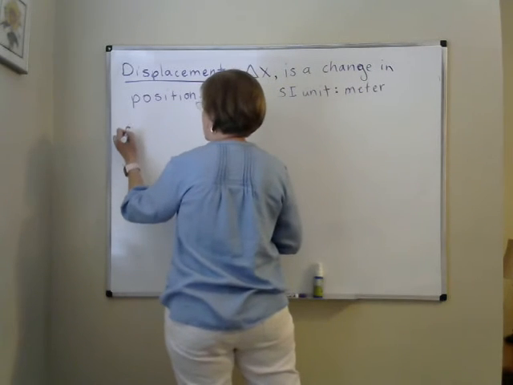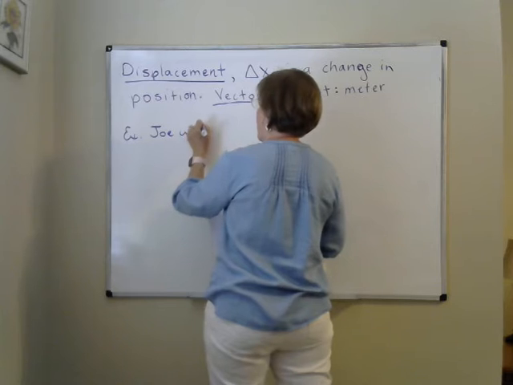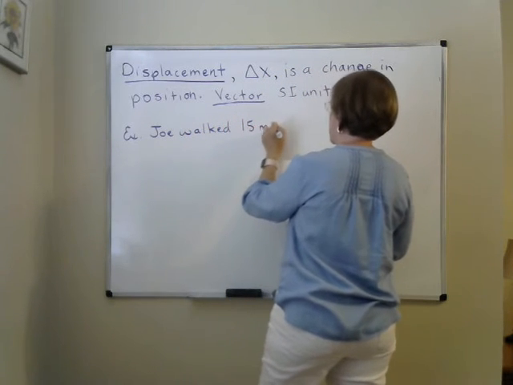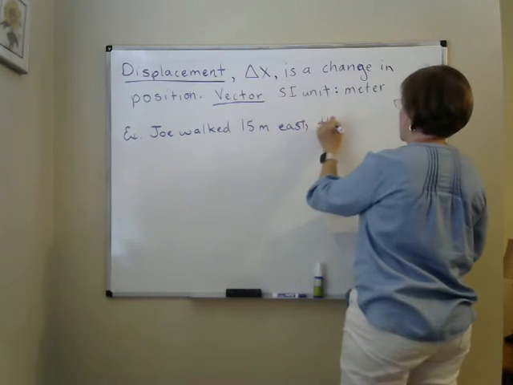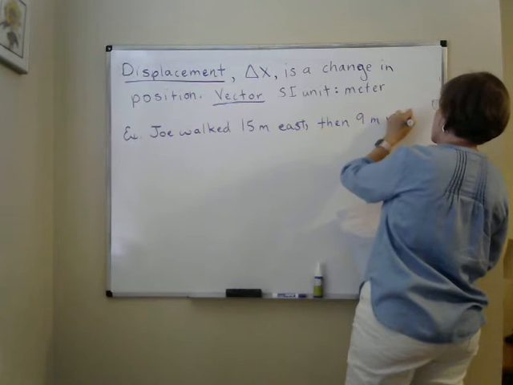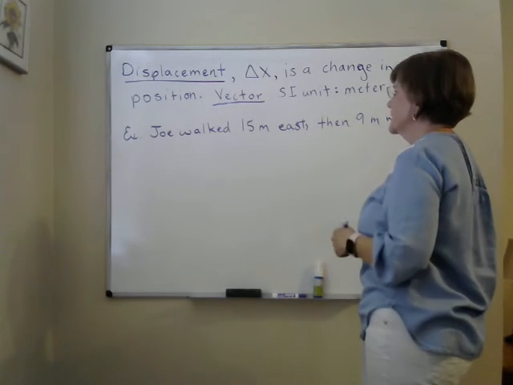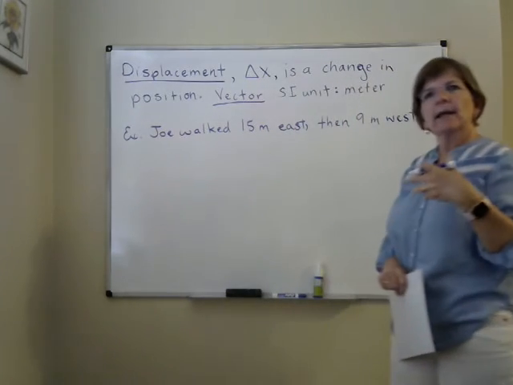So a simple example. Joe walked 15 meters east, then 9 meters west. What was his displacement? Vectors can be drawn as arrows.